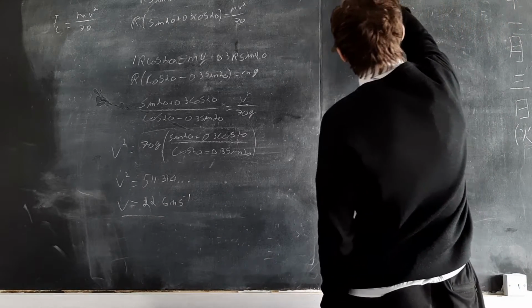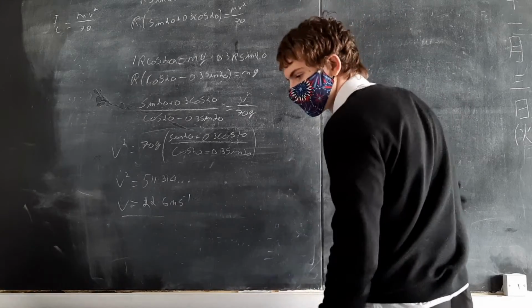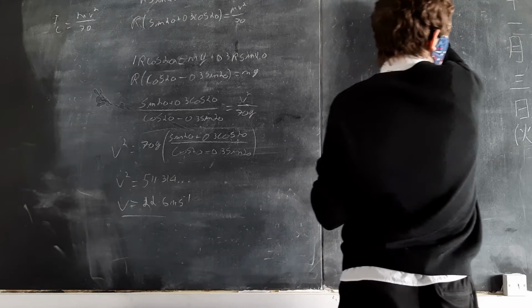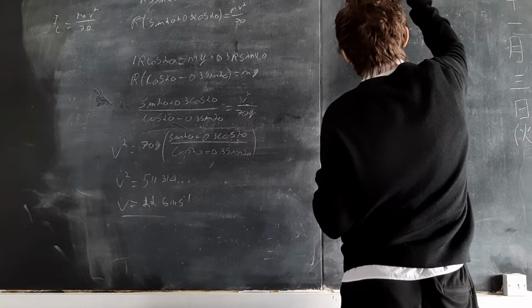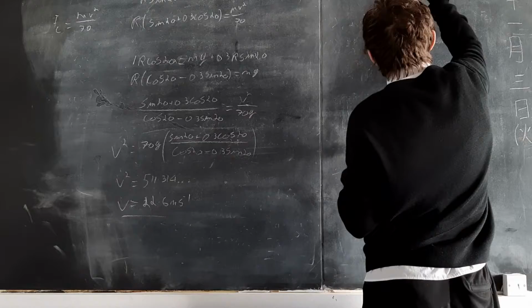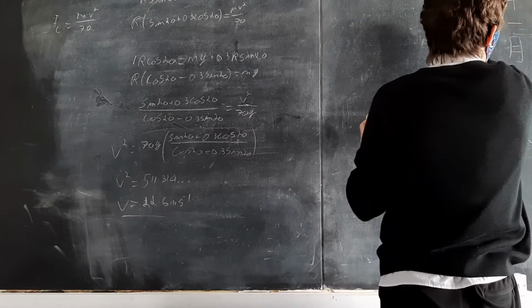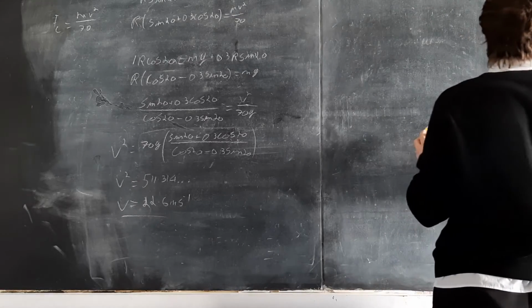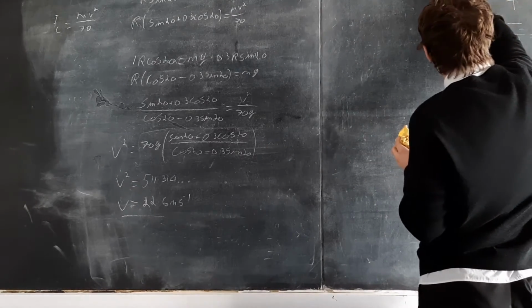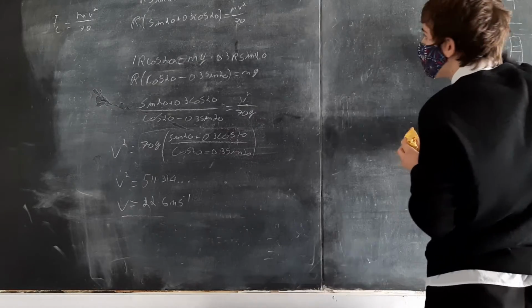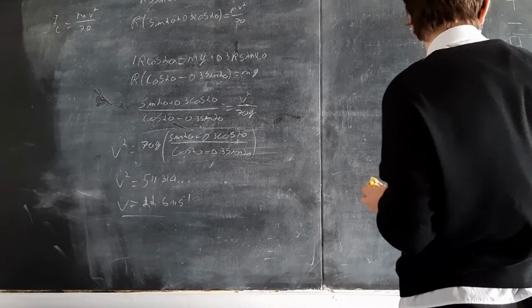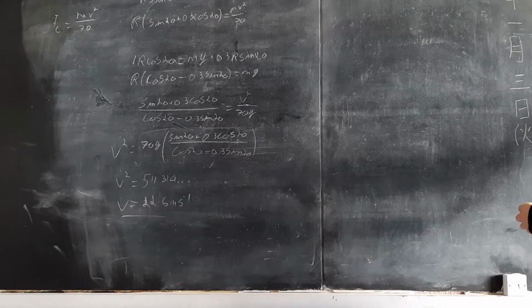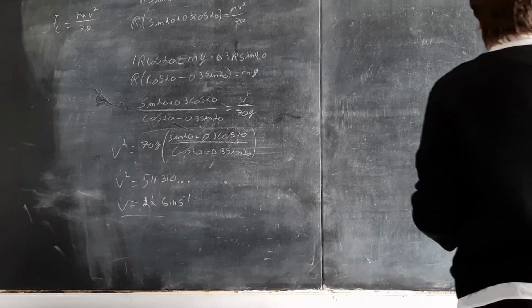Horizontally we have FC. So mu R, but we still know what mu is. R cos theta is equal to FC add R sine theta.